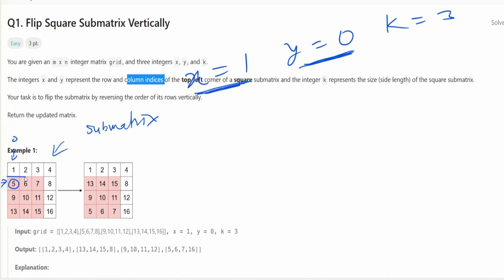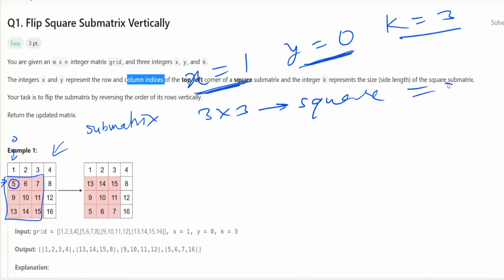This is the first element from where the starting row and column begin. K means 3, so it means we have to take a 3 by 3 square, which is a total of 9 elements. If you start counting from here, these are the elements we have in the square.